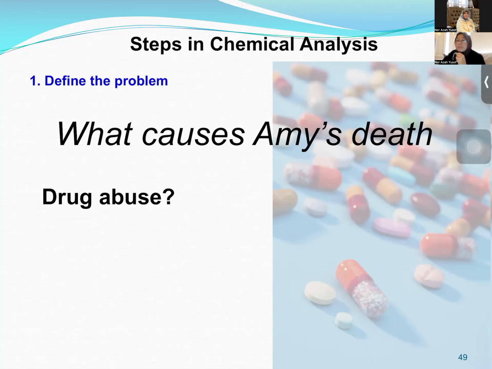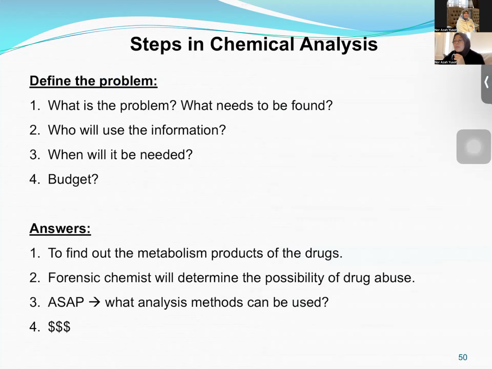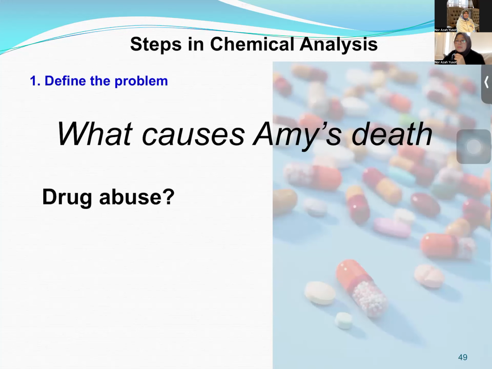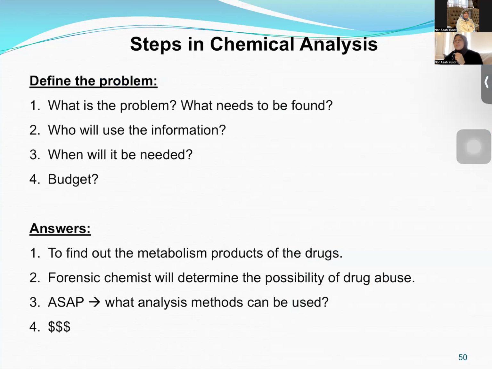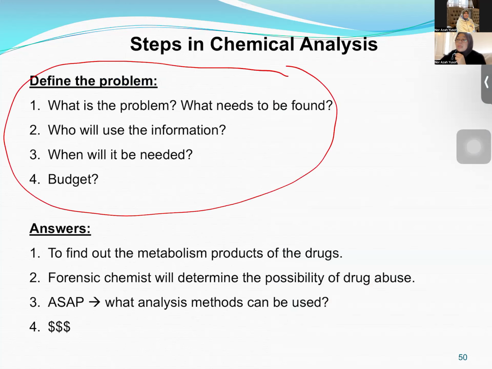So define the problem: as a chemist, you already knew some significant information from the crime scene, that there is a possibility of drug overdose. So of course, you need to have some ideas what to do, what method to apply, and then you start to do some analysis that you have to do before you can decide on the method, how fast.